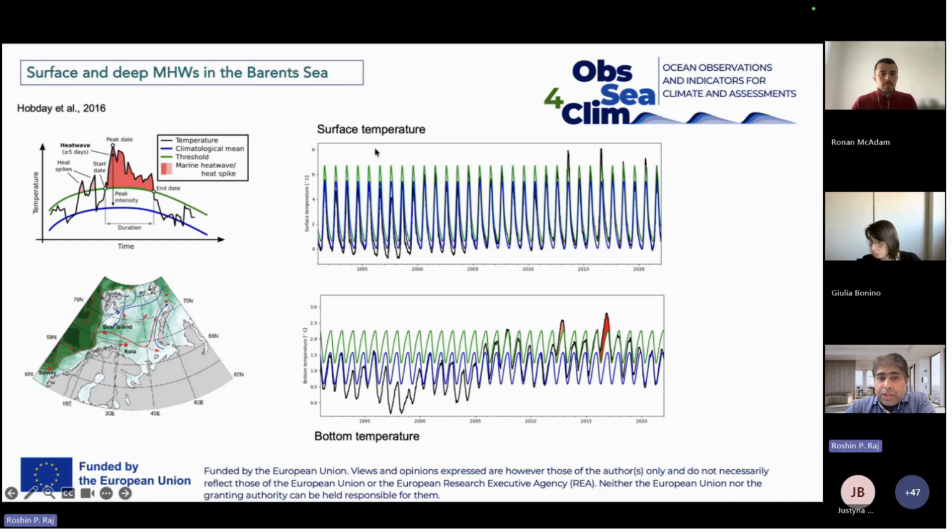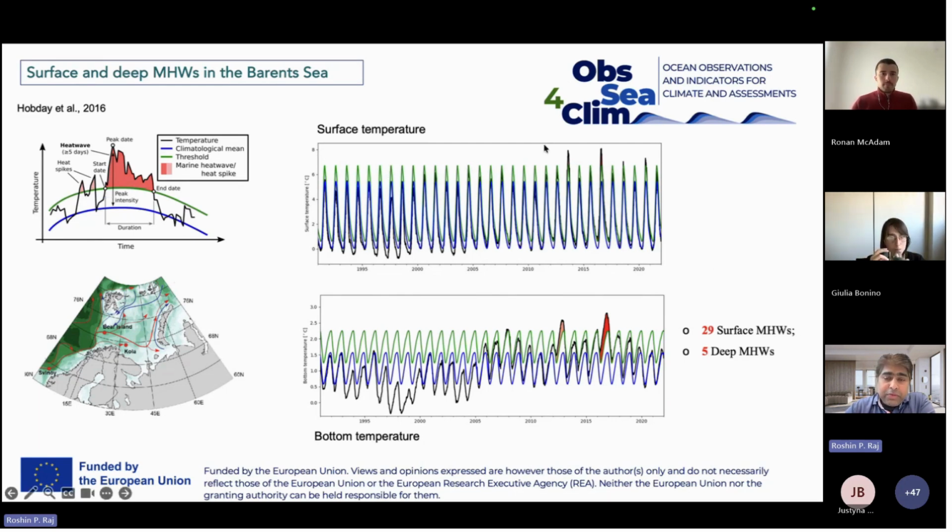We studied both the surface and the bottom temperature data, and categorized different surface marine heat waves and deep marine heat waves. In the study, we categorized almost 29 surface marine heat waves during the 30-year period from 1993 to 2022, and 5 deep marine heat waves.